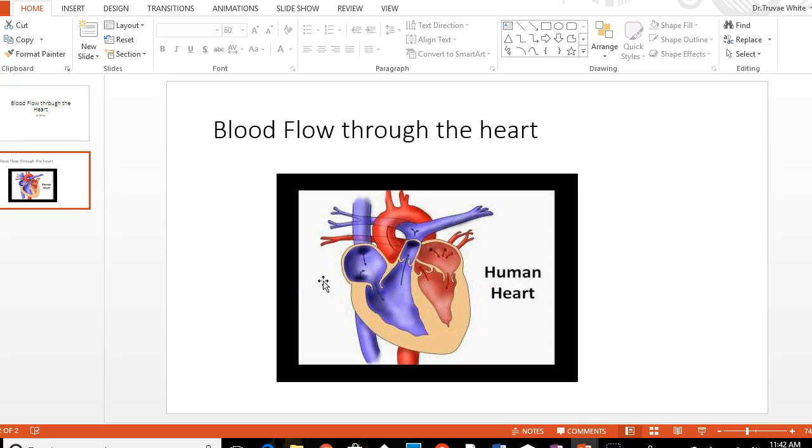So we know that the heart is more of an independent type of organ. Other organ systems are dependent upon the cardiovascular system. Okay? The function of the cardiovascular system is to transport heat, nutrients, and materials to and from the body cells.